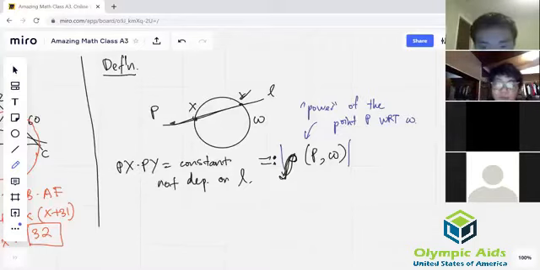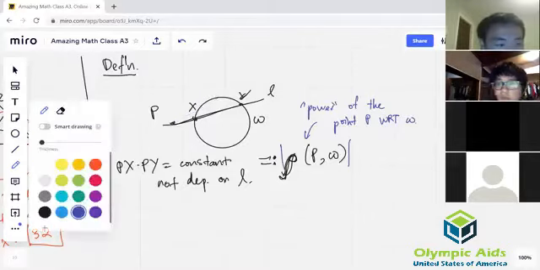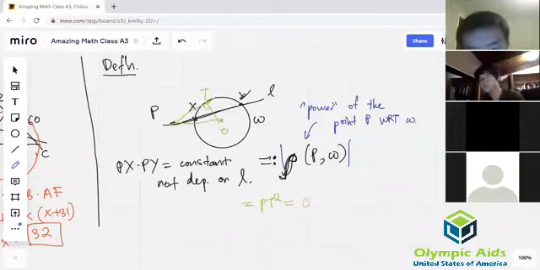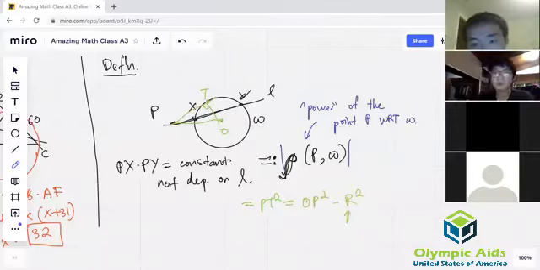And the reason is, we know that this power is equal to PT squared, where T is a tangent. And then by the Pythagorean theorem, we can write this as OP squared minus R squared, where R is the radius of the circle.